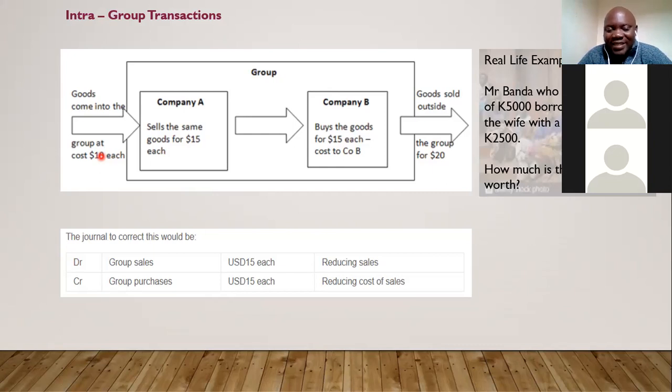Then company A sells the same goods, which cost the group $10 each, for $15 to company B, which is actually part of the group.